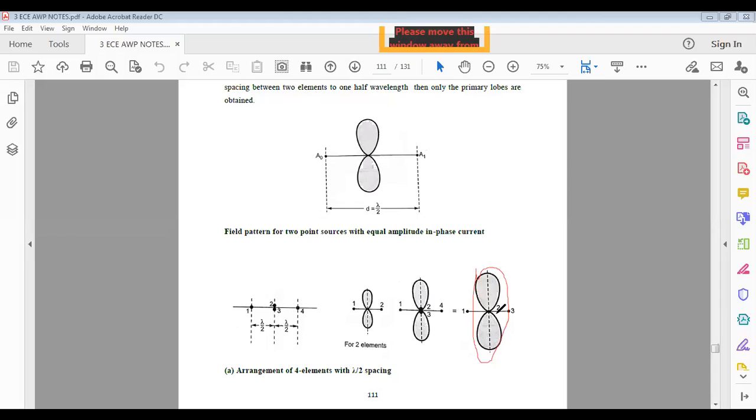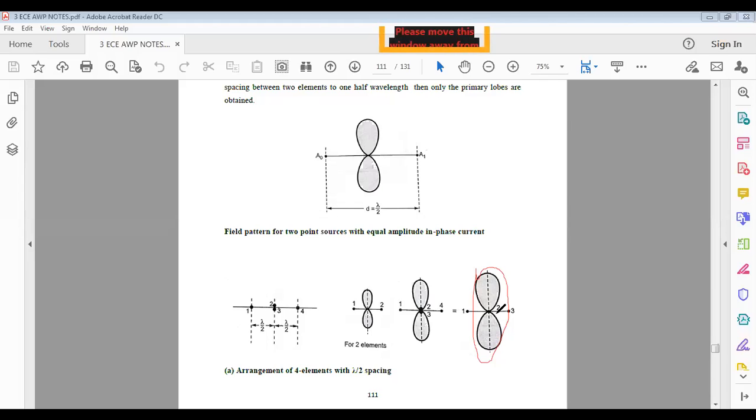In the binomial array we obtain the same, but the side lobes that occur in the pattern multiplication method are suppressed by superimposing or merging the point sources between the first and last, and in order to reduce the length of the resultant array. Understand? That is point one.